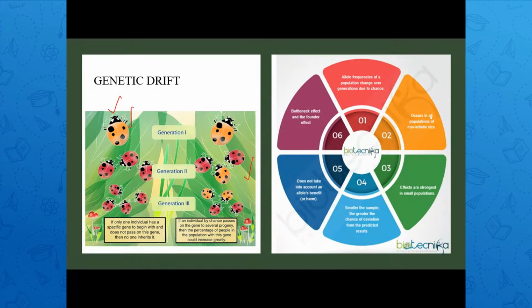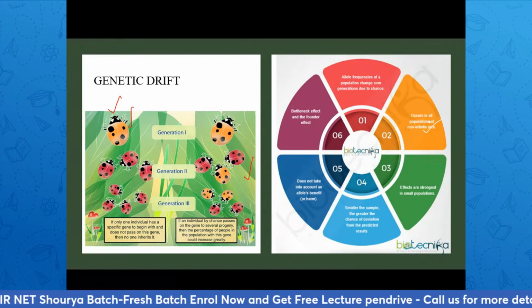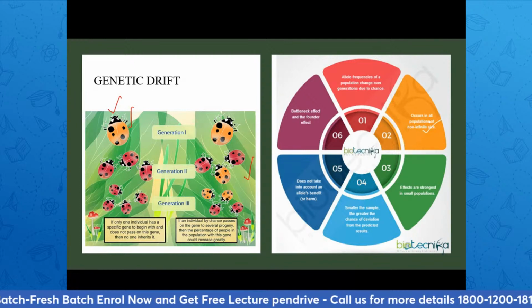It occurs in all populations, finite or infinite, but genetic drift has a huge impact on a small population.